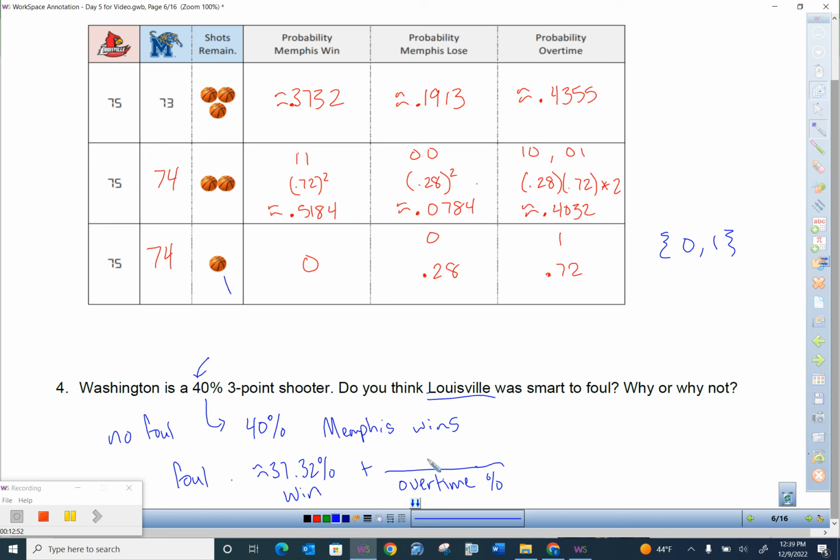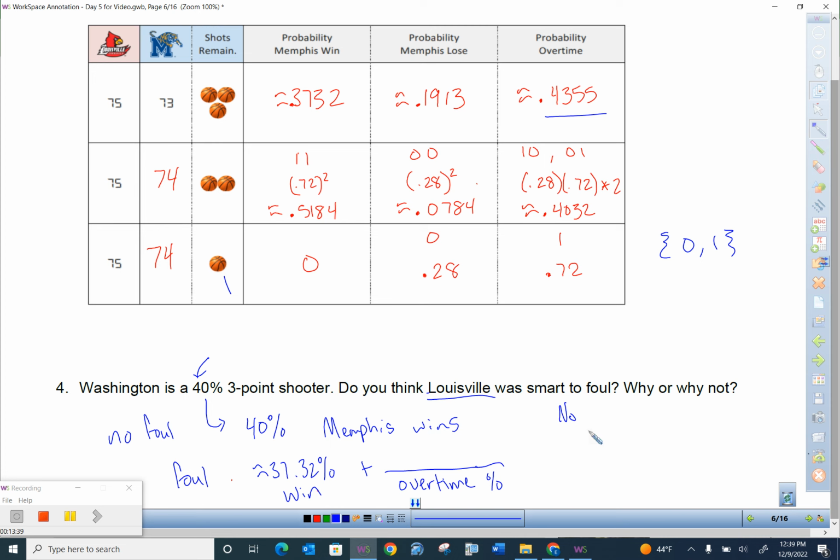So we don't know how much of it goes here, but this 37.32% is so close to this 40% that we would imagine, even if Memphis had like a 20% chance of winning overtime, which is not very high, it still puts them at an overall percentage of fouling being higher, which means Louisville probably wasn't wise to foul.